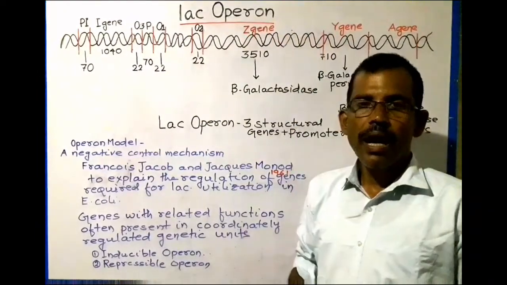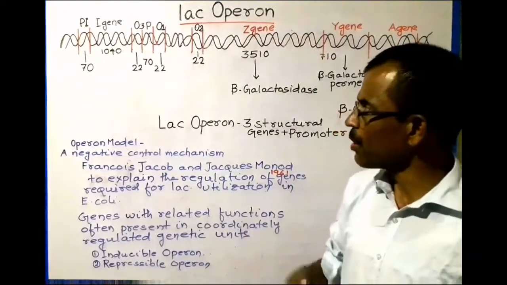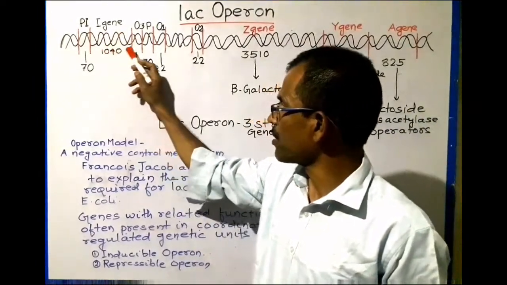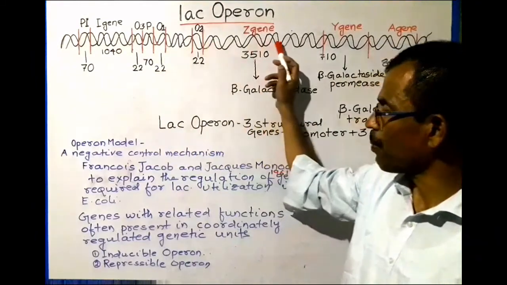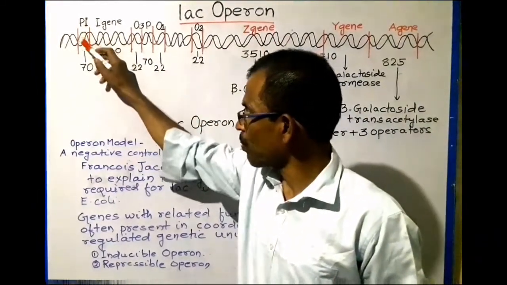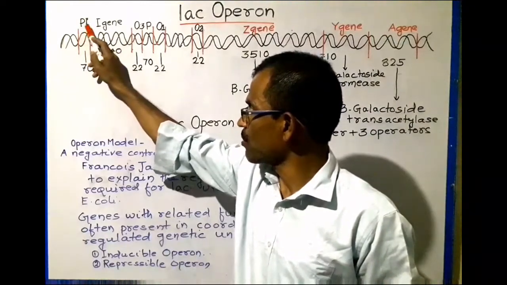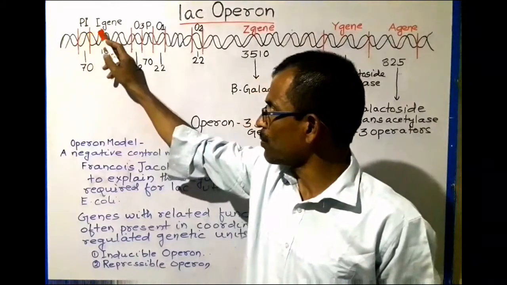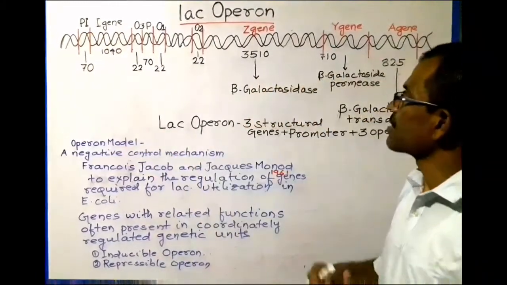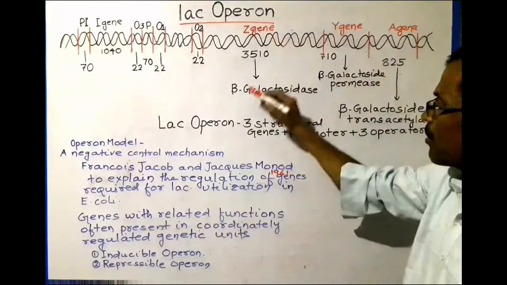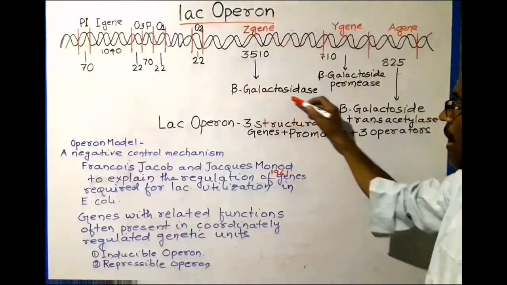In case of LAC operon, a regulatory gene designated as I gene is also contiguous with the LAC operon. This I gene has its own promoter region that is known as PI. Next, out of three structural genes, the Z gene encodes the enzyme beta-galactosidase.